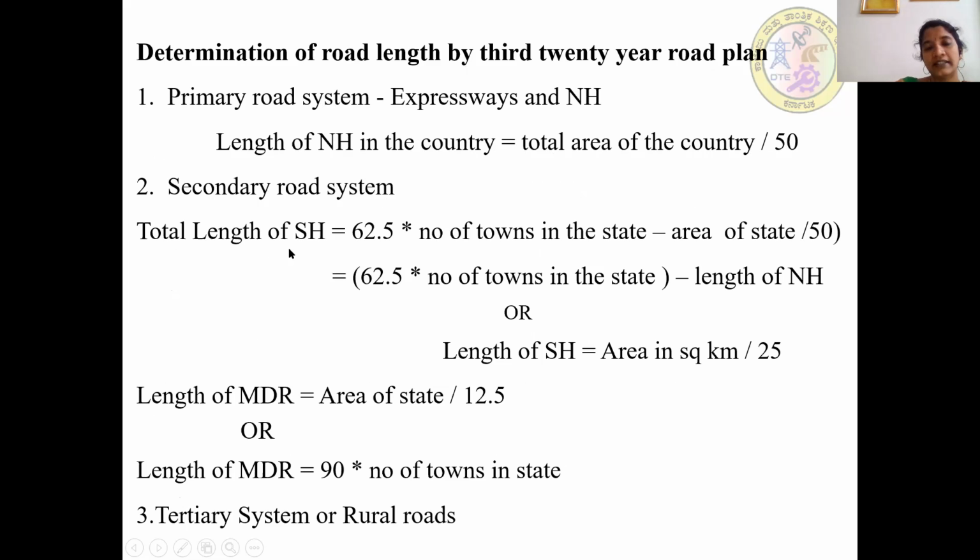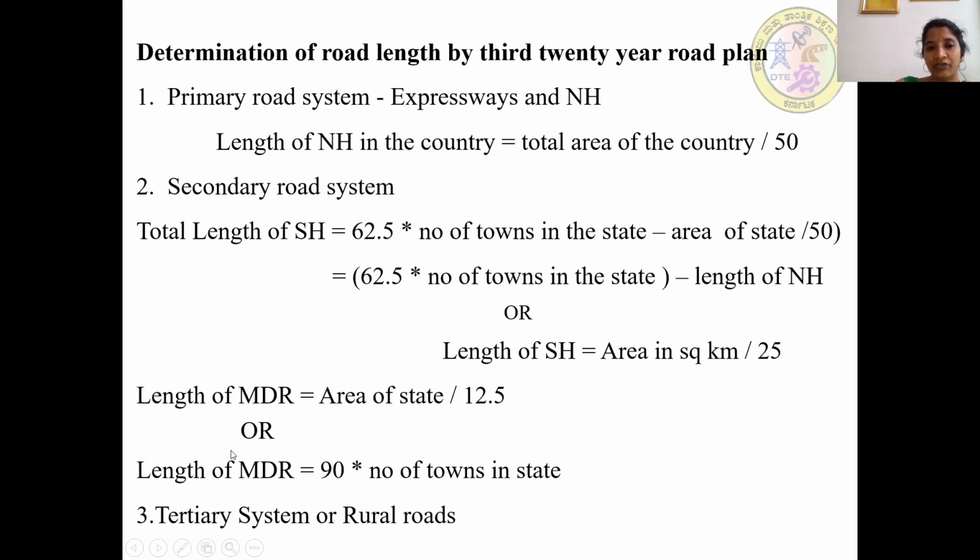The length of state highway will be equal to 62.5 into number of towns in the state minus length of national highway. Or it can also be calculated as length of state highway equal to area in square kilometer divided by 25. You calculate by both formulas, and whichever gives the maximum value, you assume as the length of state highway.